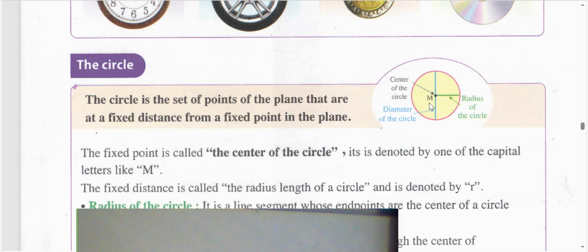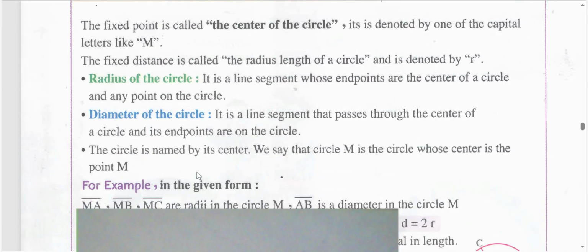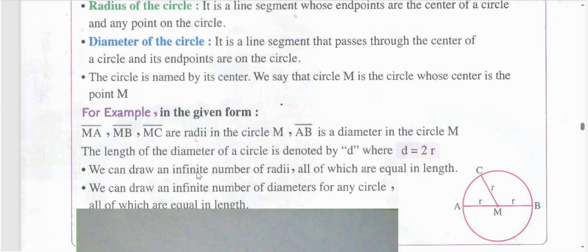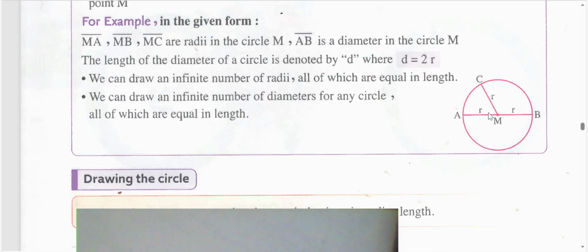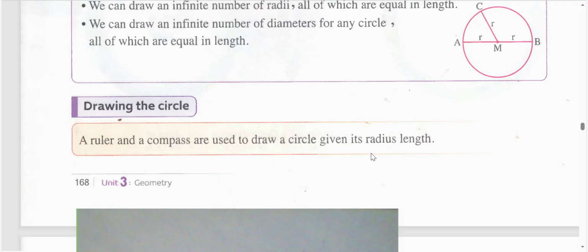This fixed point we call the center of the circle. We write the capital M to refer to the center of the circle, or r to refer to the radius. Look at this: EM is a radius, CM is a radius, and EB is the long chord, the diameter of the circle.